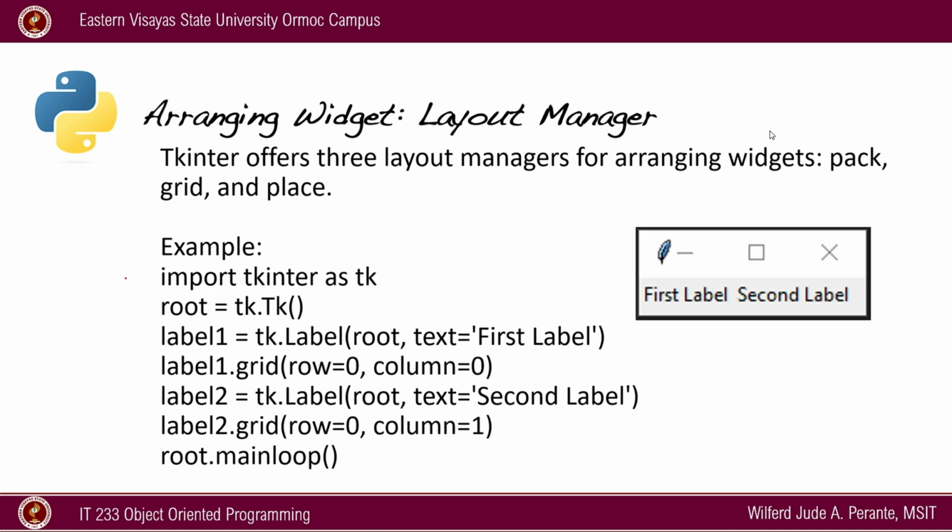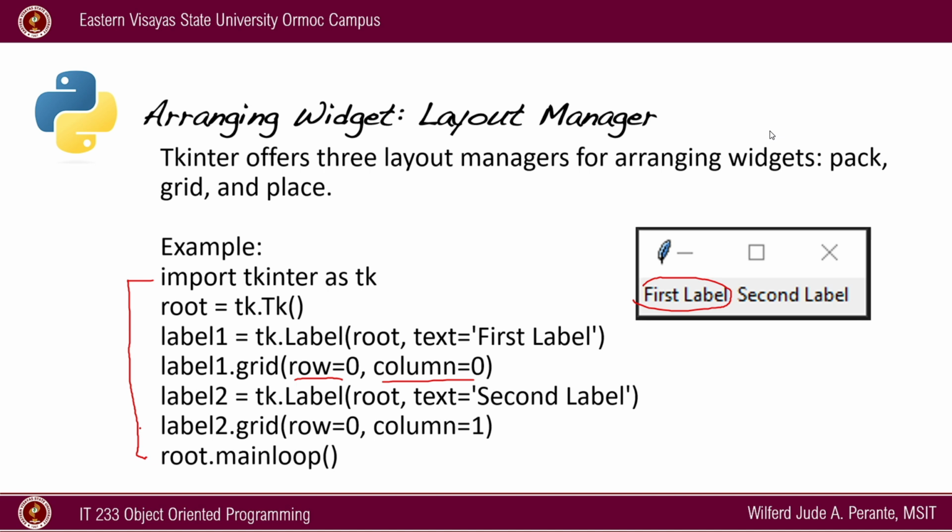In our example code here, we are displaying two labels, label 1 and label 2, and we position them in the window according to rows and columns. In row 0 and column 0, we place our first label.